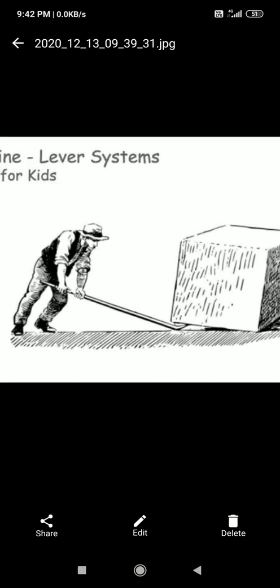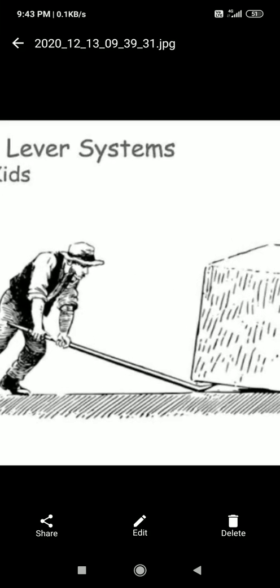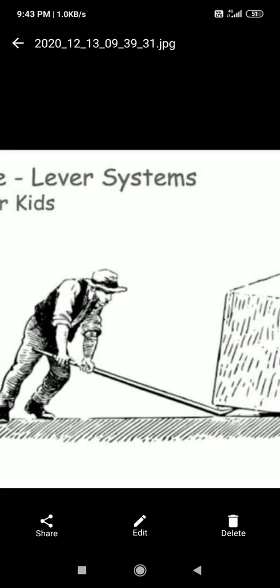So in a lever, there are three things we have to observe clearly. What are those? One is effort, second is load, third one is fulcrum. What does effort mean? Whatever the man is holding, he is using the effort, meaning applying the force, right?